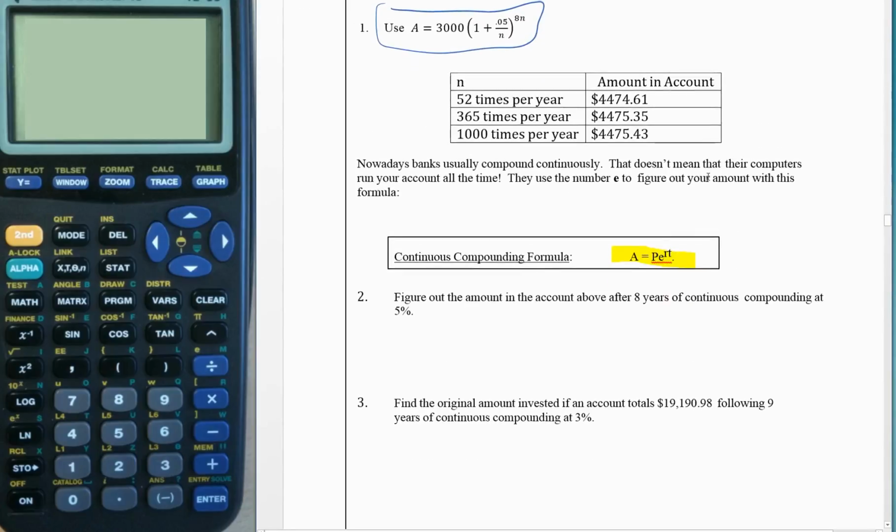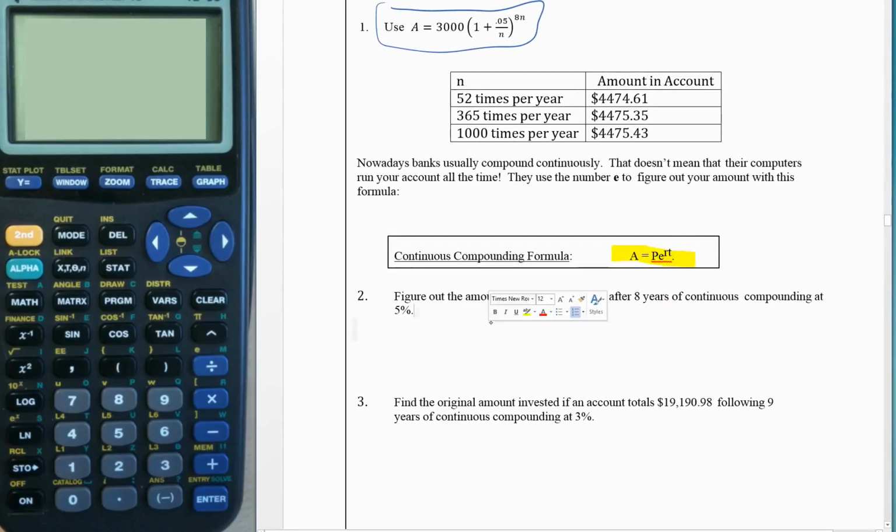3,000? Yep. So our function will be A of t equals 3,000e^(0.05t). Okay, and so if we want that after 8 years, that would be A of 8, plugging in 8. So we'd have 3,000e^(0.05 × 8).